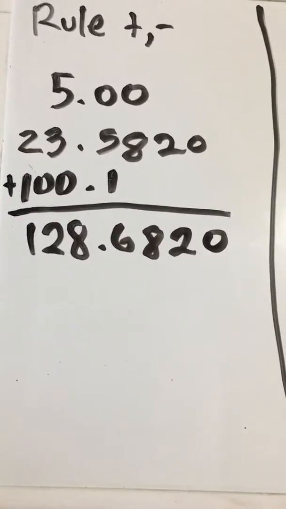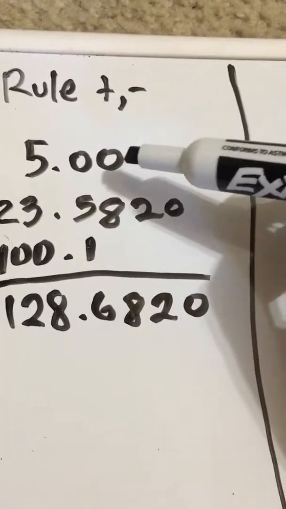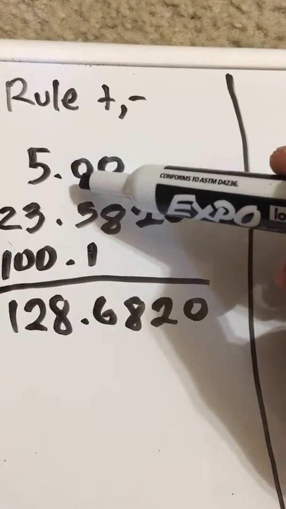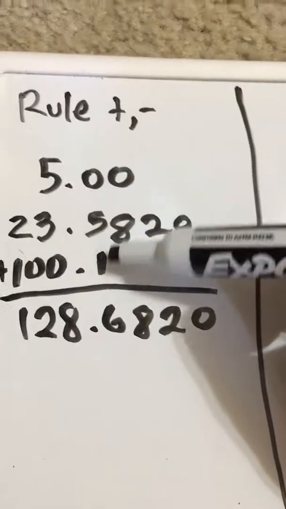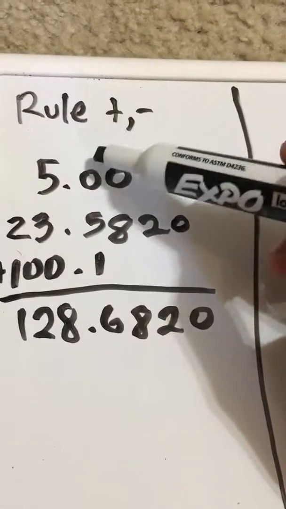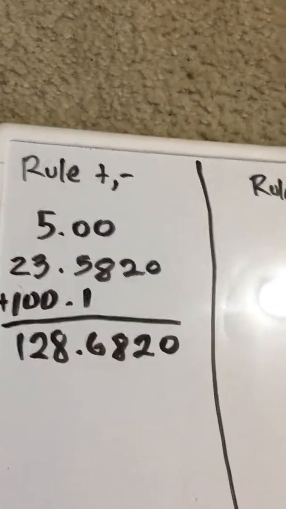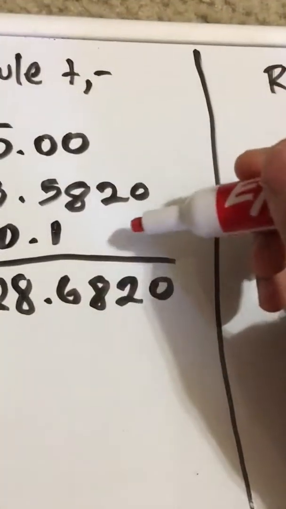So if we were just adding, this would be the answer. But we want the correct amount of significant figures in our answer. So let's look at the numbers after the decimal. This one has 1, that one has 2, and that one has 4. So which one of these do we want?